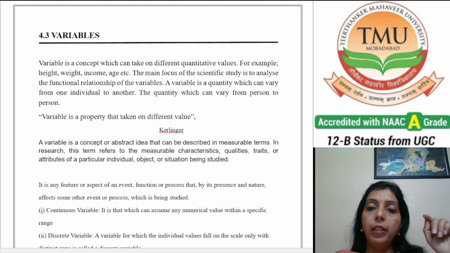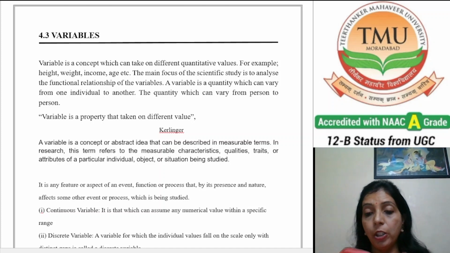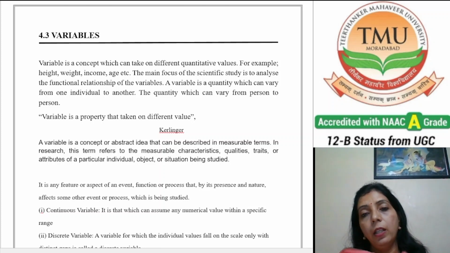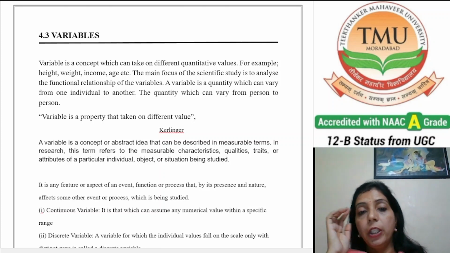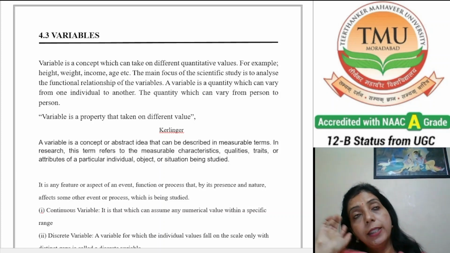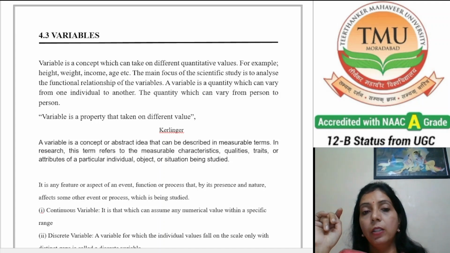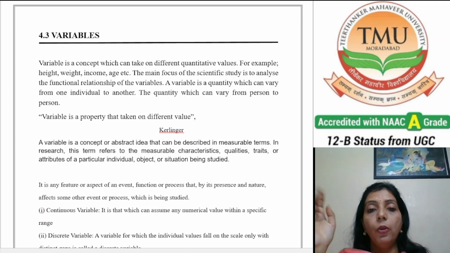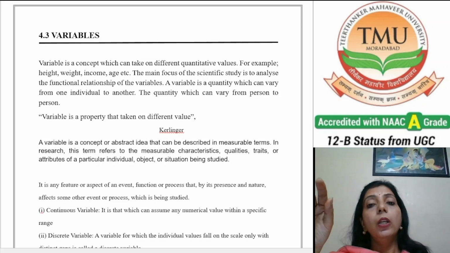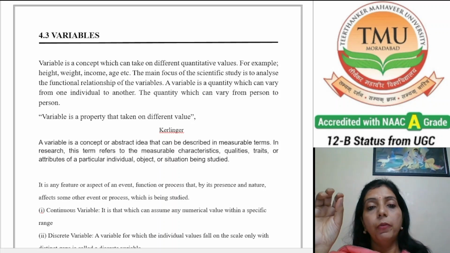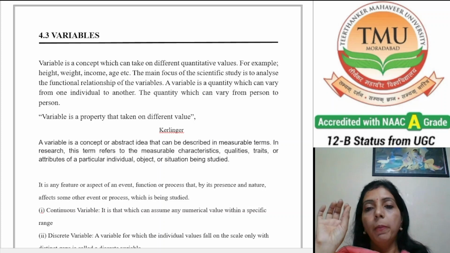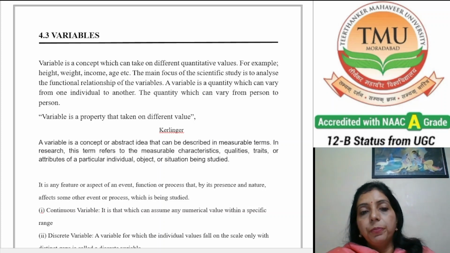What are independent variables? Variables which are manipulated, controlled, or changed. So, in the example, a study of the effect of teachers' praise on the reading achievement of primary school students.